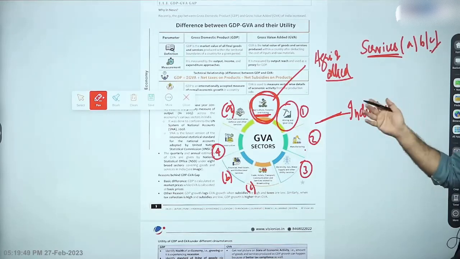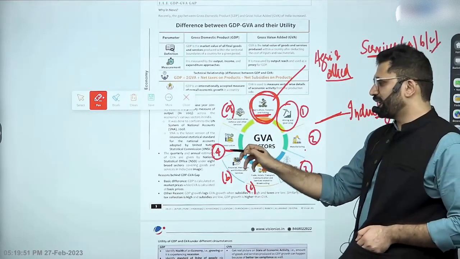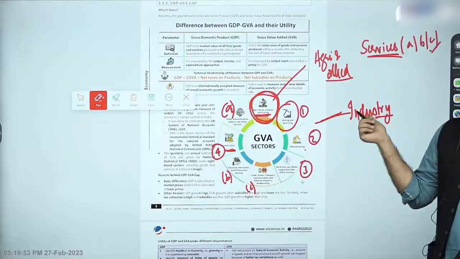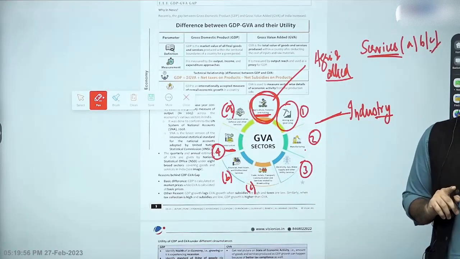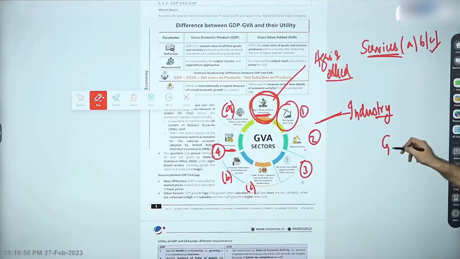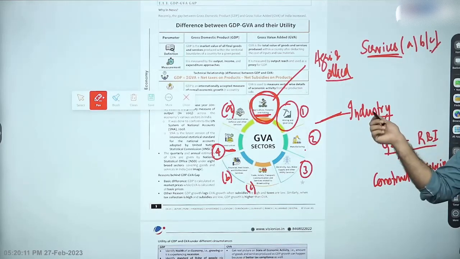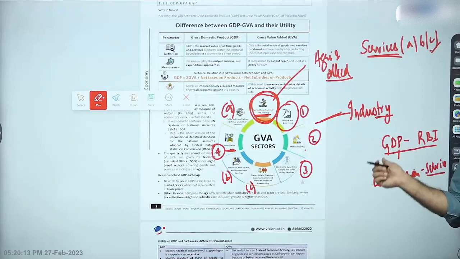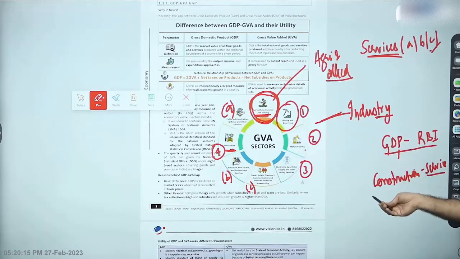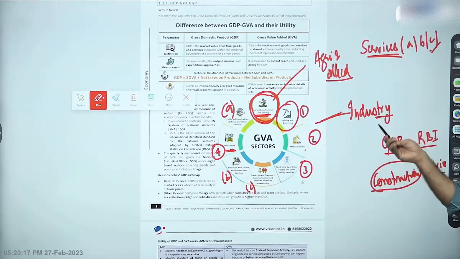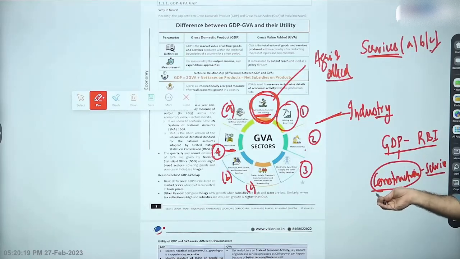One more thing to note down here, construction is included in industry as per the government estimates. There are GDP estimates given by RBI also. Under that classification, construction is part of services. That is why you will find a small difference between RBI's industry contribution to GDP and services contribution to GDP, because RBI doesn't include construction in industry, it includes construction in services.